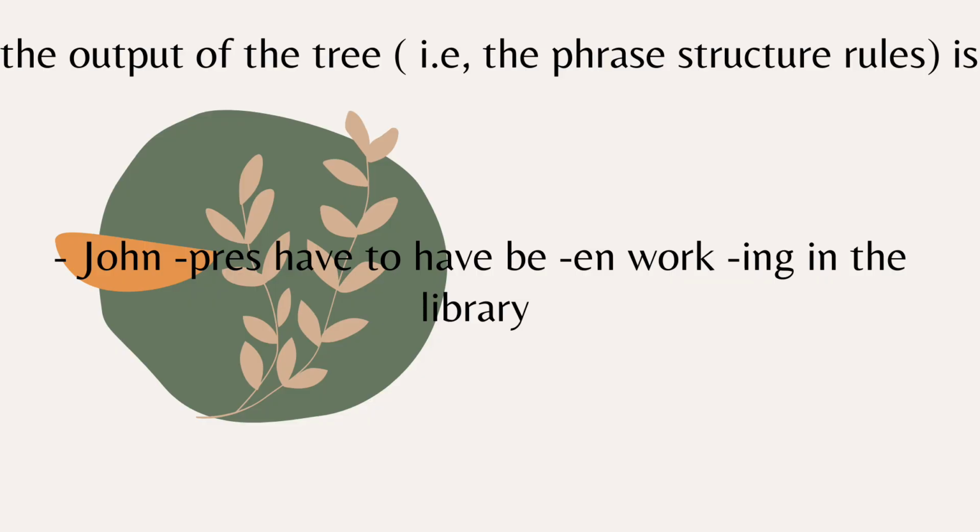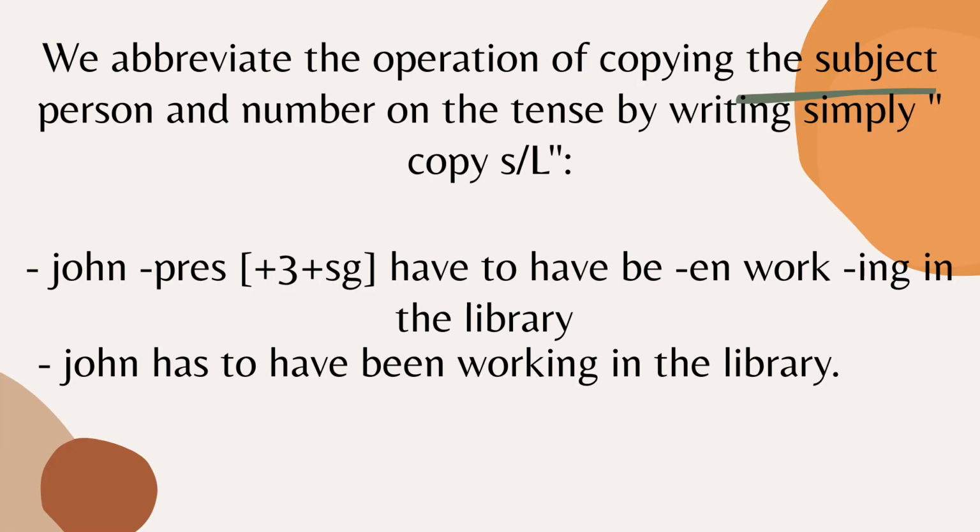And the output of the tree diagram is John Pres have to have be in working in the library. This is what I said earlier about the tree diagram. And this is the copy. John Pres plus 3 plus SG have to have be in working in the library.